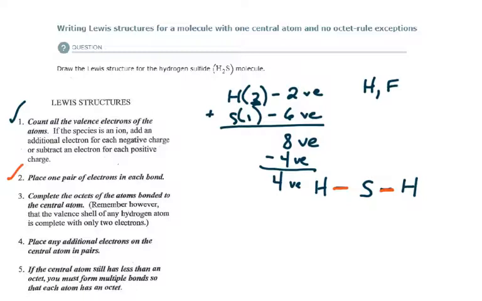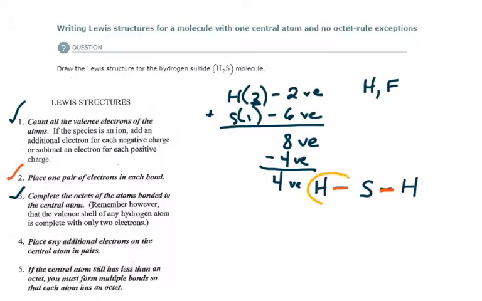Next step. Complete the octets of the atoms bonded to the central atom. Hydrogen is happy with a duet. Hydrogen atoms are complete with only 2 electrons. So he's happy. He has access to 2 valence electrons here, being shared in that polar covalent bond.